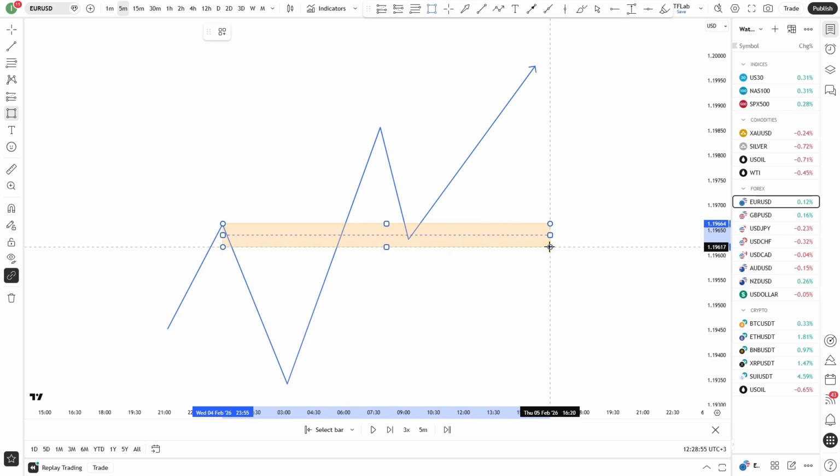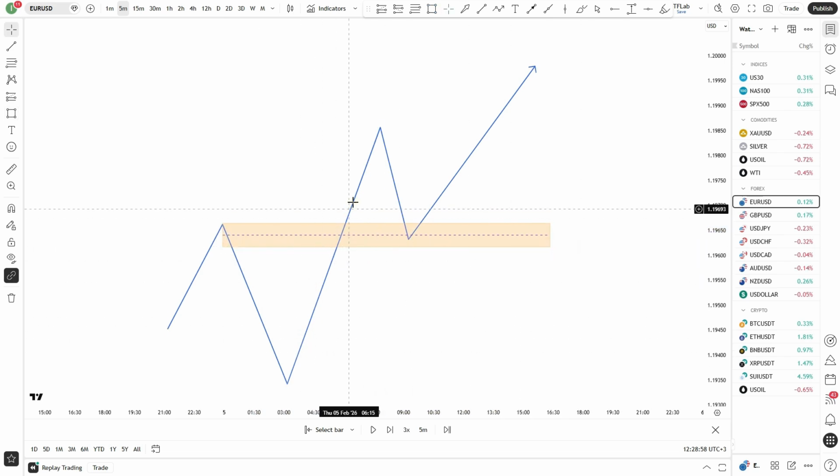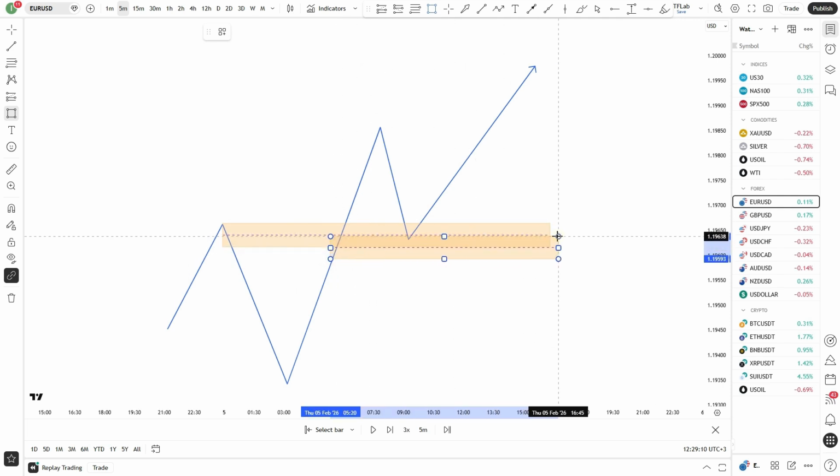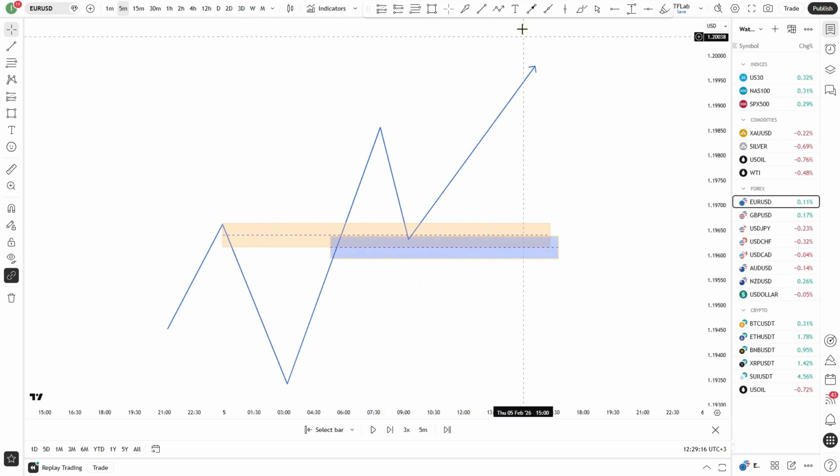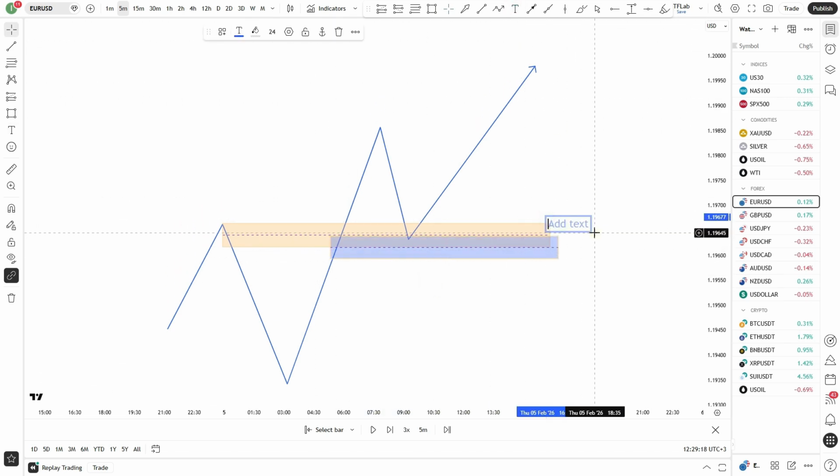I mark this, and if at the time of the breakout in this area, which isn't breaking yet, an FVG also forms, let's assume that happens. I'll put this area here and let me change its color so it's more noticeable. Okay, now this area is my breaker zone.